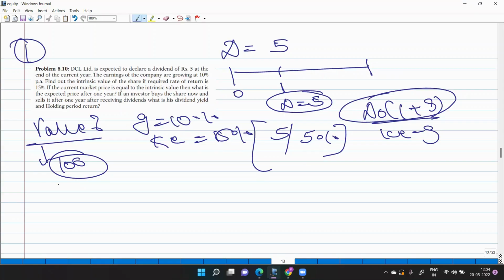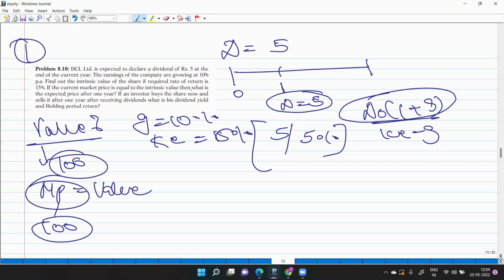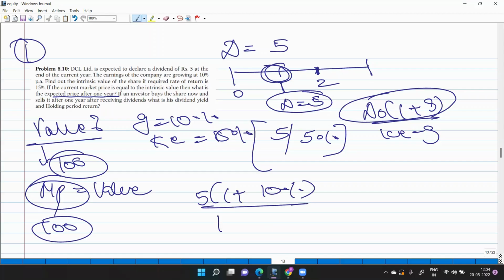If the current market price is equal to the value, that is मेरे को market price बता दिया उसने 100 है, then what is the expected price after 1 year? Now it is telling me कि मुझे value निकालनी यहाँ पे, ठीक है? तो मुझे dividend कौन सा चाहिए होगा, ये वाला. अब क्या करूंगी मैं, 5 into 1 plus G divided by KE minus G, that is 15% minus 10%. ठीक है?